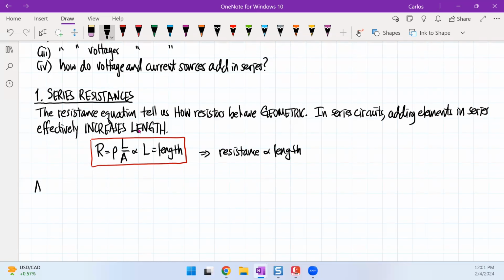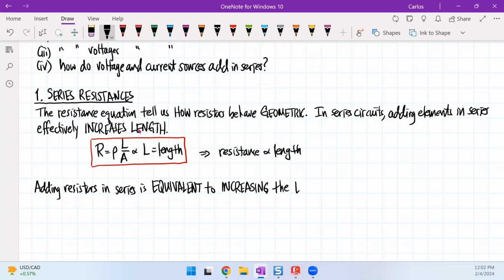So adding resistors in series is equivalent to increasing the effective length of resistance.